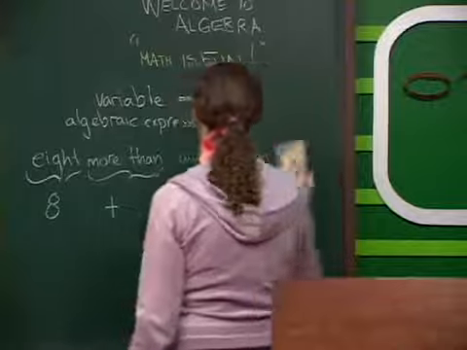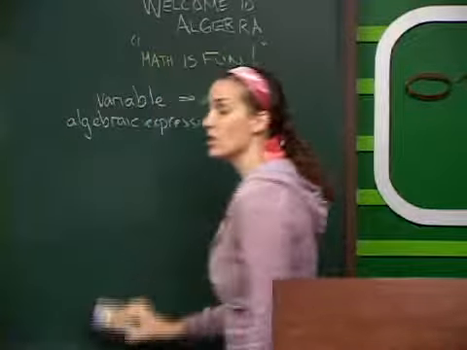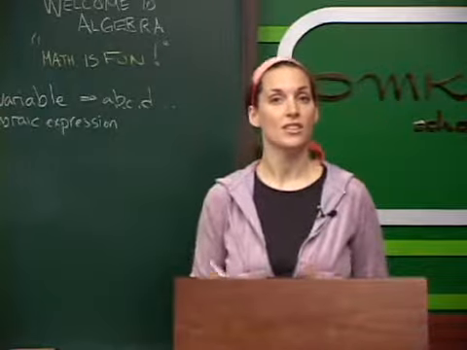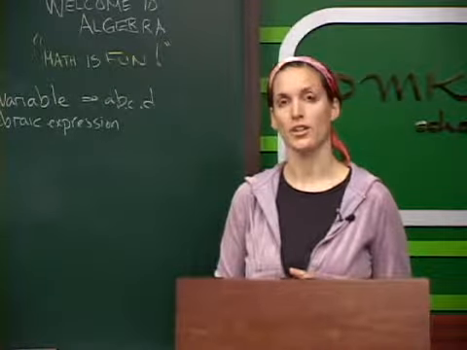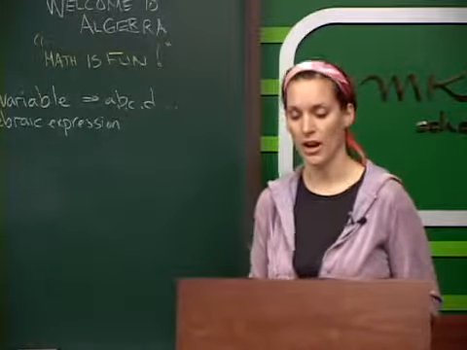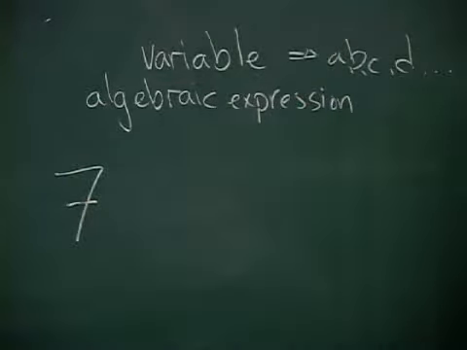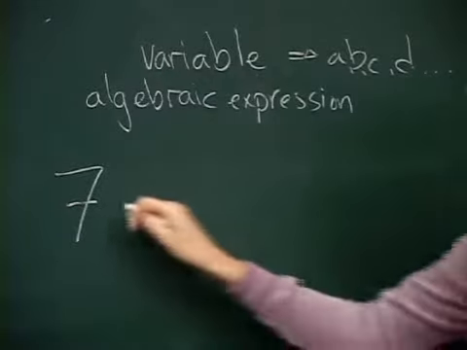All right, let's do another example. This one I'm only going to say, and I just want you to listen carefully. 7 less the product of 4 and a number x. Well, 7 less means you take away or you subtract.